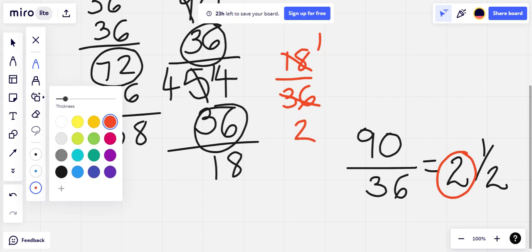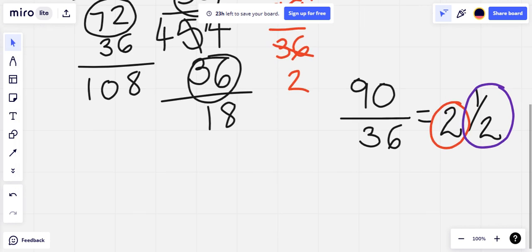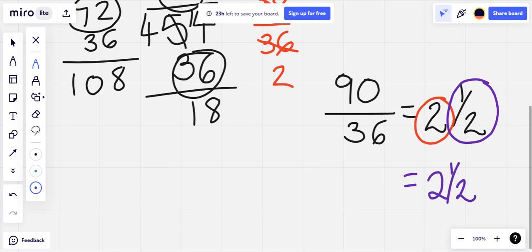And that is how we actually get the half. So that's our answer. We actually got a fraction. Never wanted that to happen, but yeah. So it's equal to 2, of course, and a half.